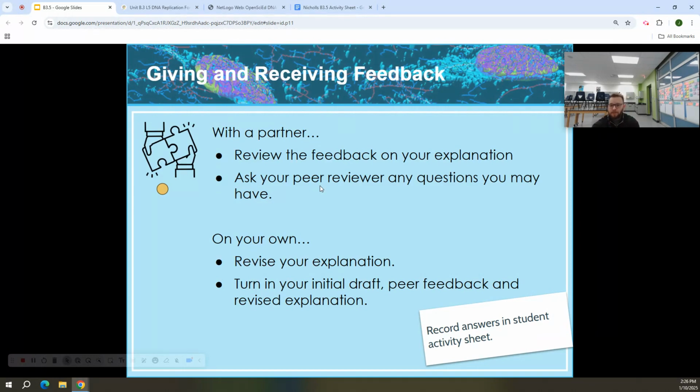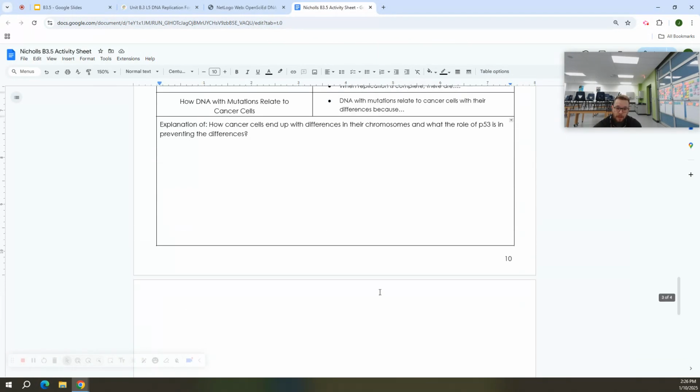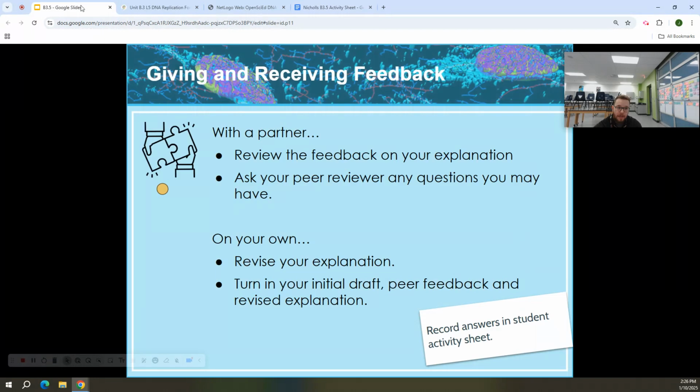But I think it would most often be beneficial. Okay. Once that is done, you are going to turn in that initial draft with the peer feedback and revised explanation. So you're going to have this bottom section completely written out, completely done, ready to go. You've added all the feedback and everything else, and you can turn it in.